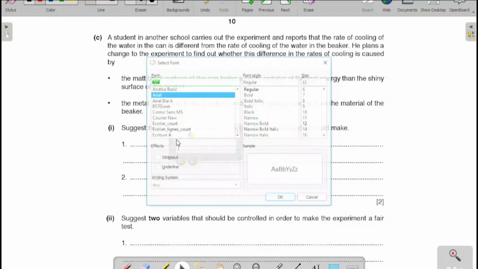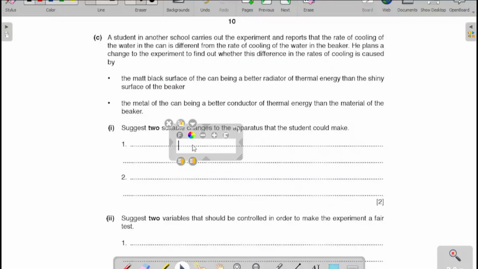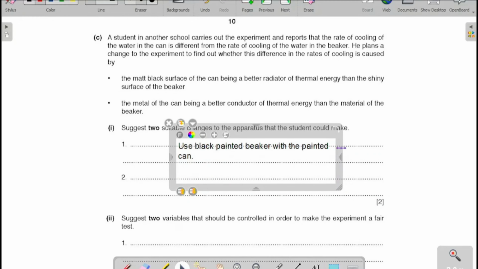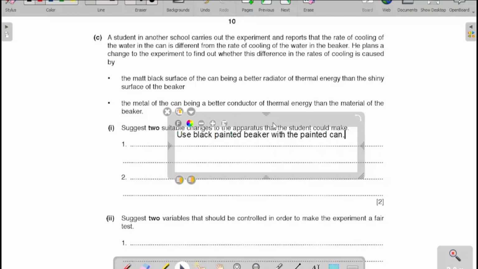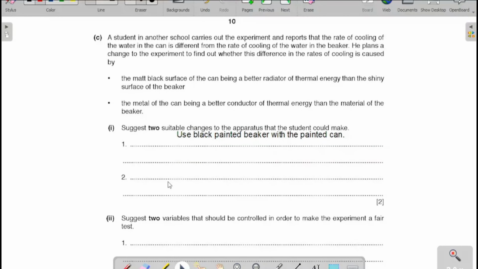So the first one, what you need to do is to use a black painted beaker with the painted can. That's the first one. Black painted beaker with the painted can.